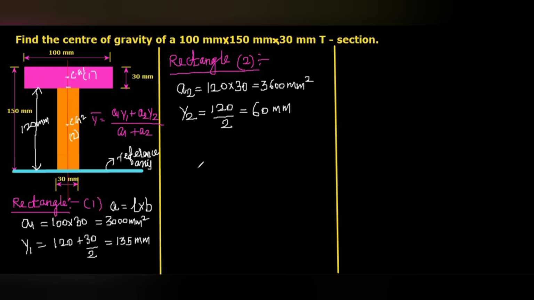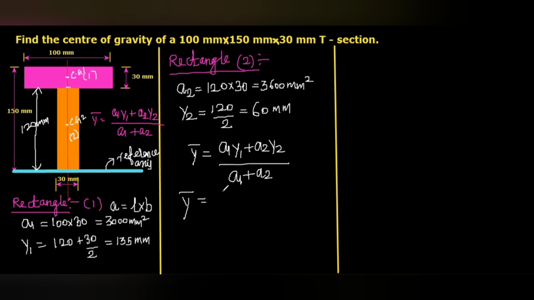So now finally we are going to calculate the center of gravity by using the formula y bar equal to a1 y1 plus a2 y2 divided by a1 plus a2. Substitute all the values whatever we had found here.